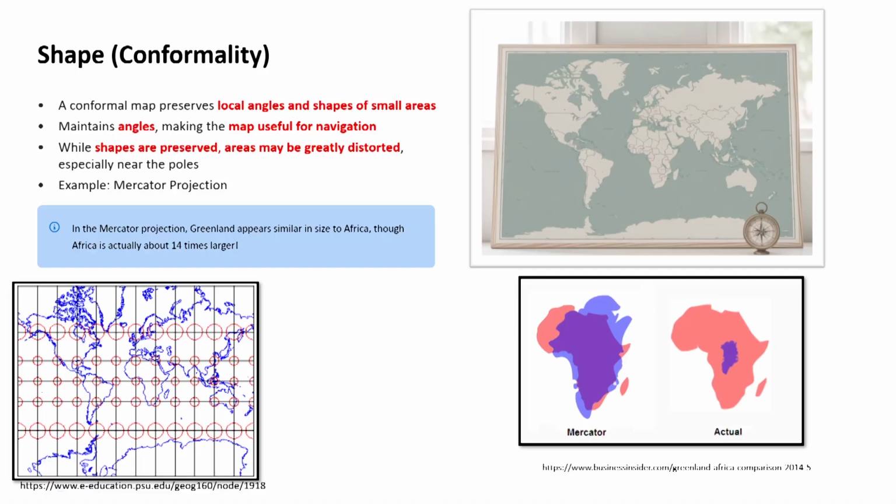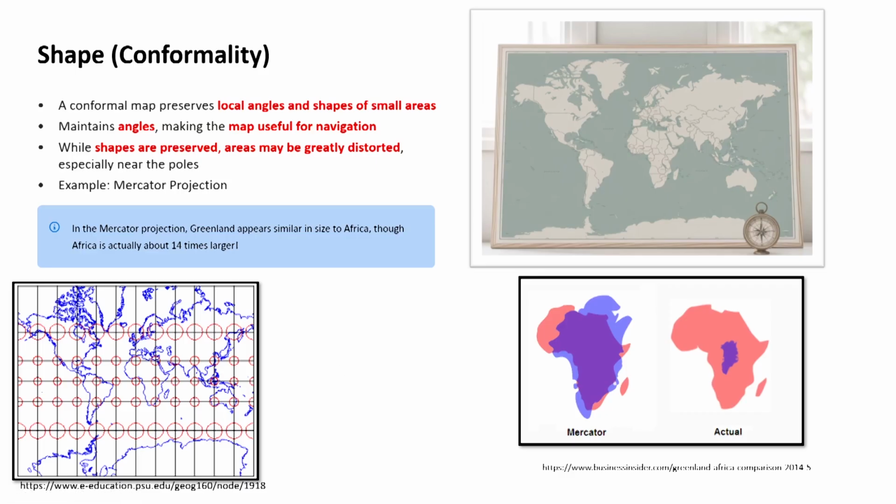These are the distortions predominantly seen whenever we project the 3-dimensional earth onto a 2-dimensional flat map. Let us understand one by one what shape is, what area is, what distance is, and direction.